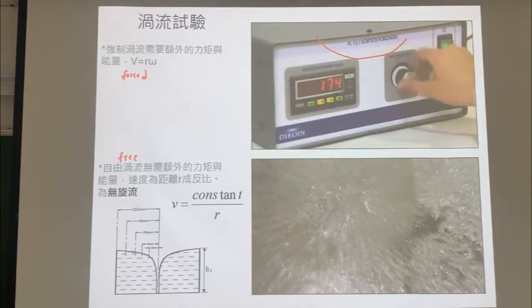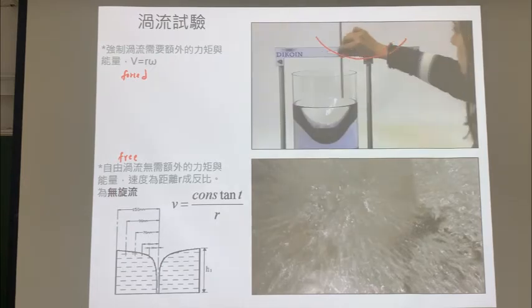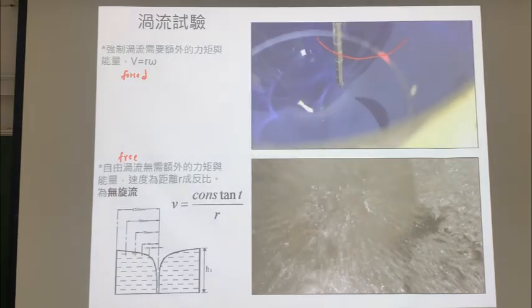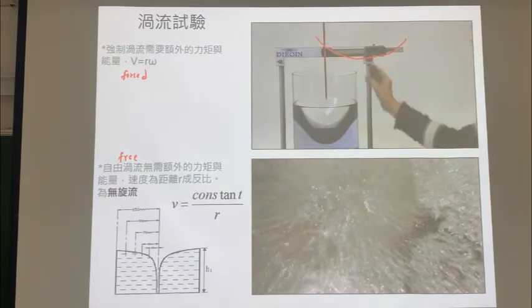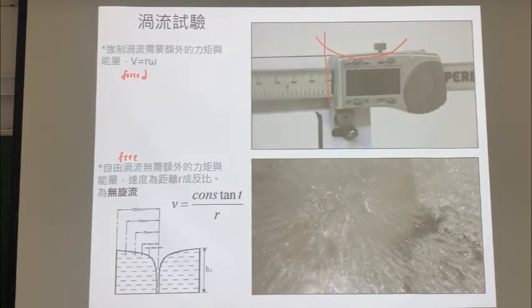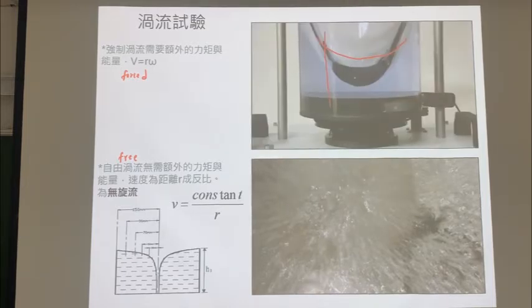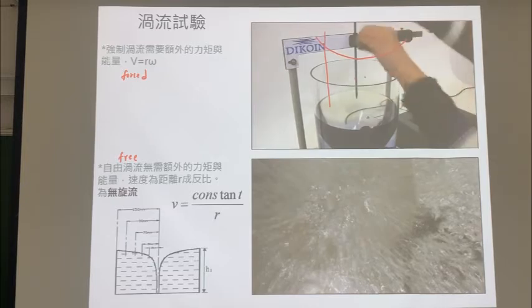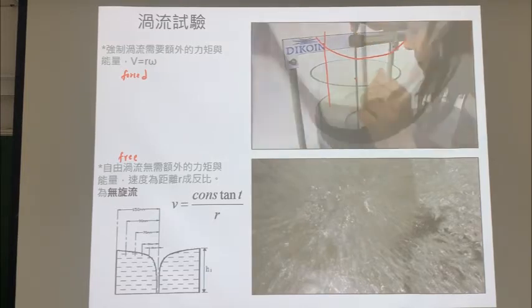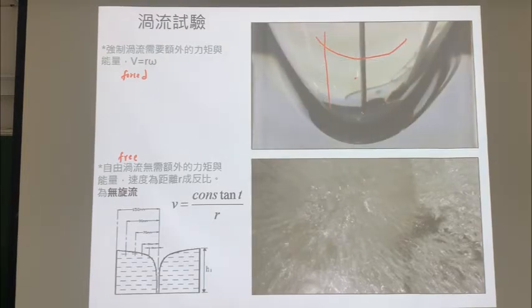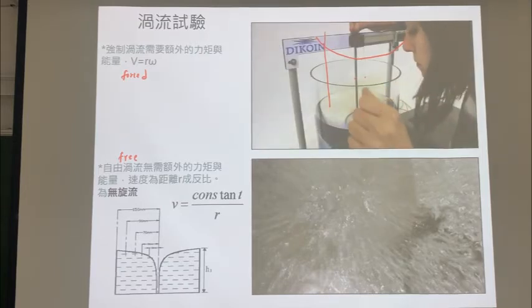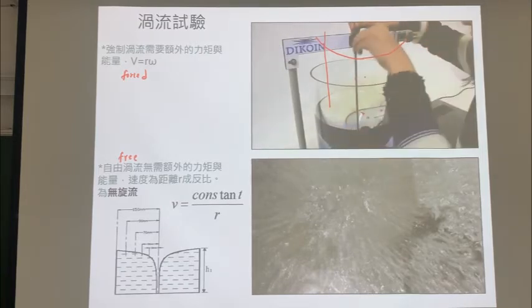And still changing the speed, the water line changes also, and they use the pin to measure the elevations at different locations. Okay, so you can adjust the pin to measure elevations at different locations.